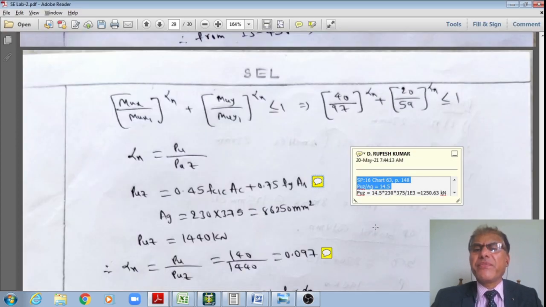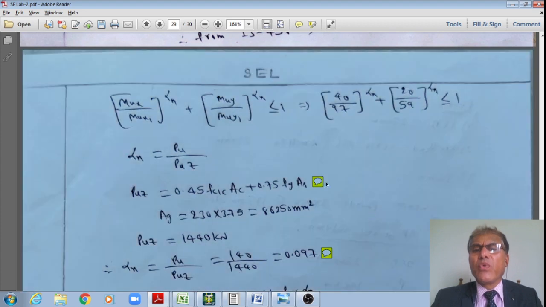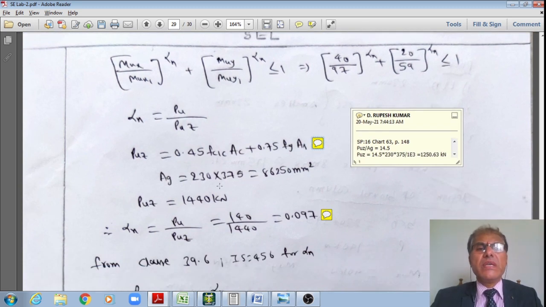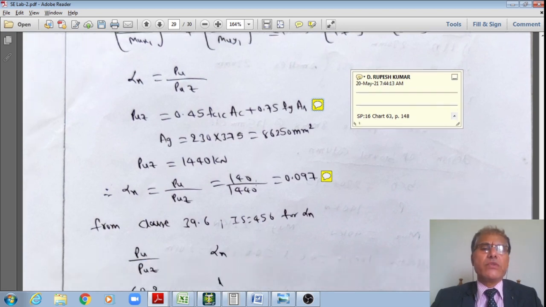I'm getting 14.5. Therefore PUZ is equal to 14.5 multiplied by 230 multiplied by 375 divided by 10 to the power 3. It works out approximately 1251 kilonewton. Or alternatively, you can calculate using this formula also, 0.45 fck Ac plus 0.75 fy Asc. Either of the two will give the same result, no change, right.